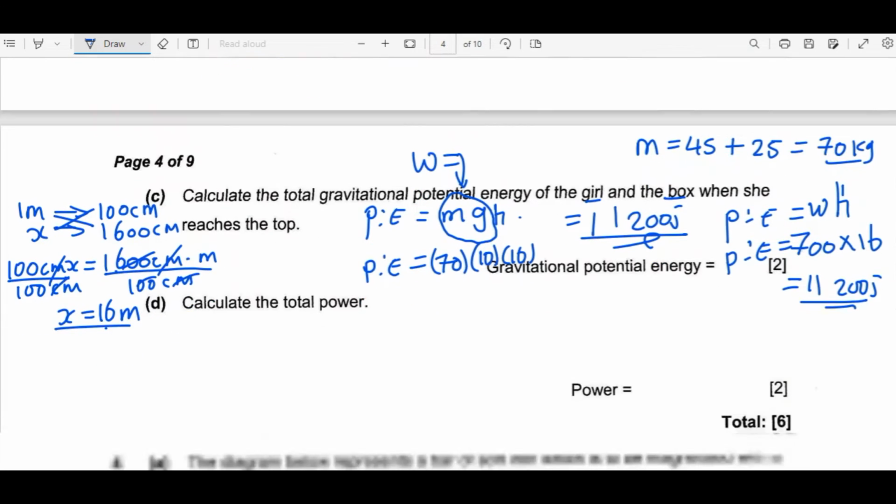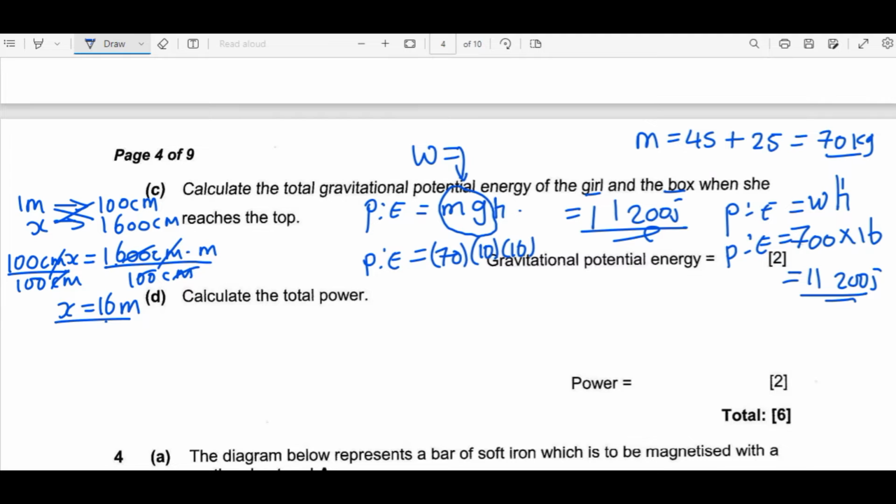Then for question D, calculate the total power. So power is equal to work done divided by time. Work done in our case is just the potential energy, so it's 11,200 joules.